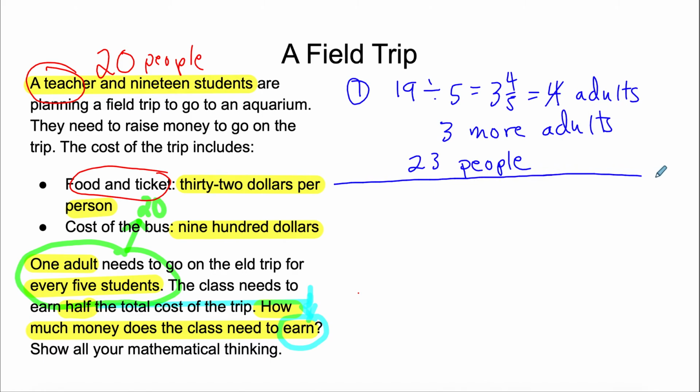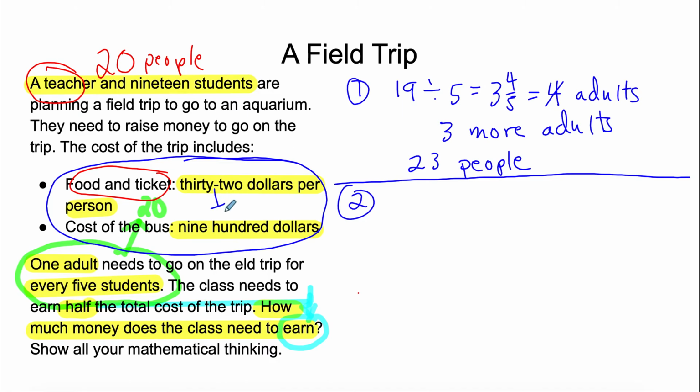Now, to the part where I do my calculations, I can figure in the half here, right? I only need to come up with half of this amount. So since it's $32 per person, half of that, or 32 divided by 2, is 16. I could say, well, what's 16 times 23?